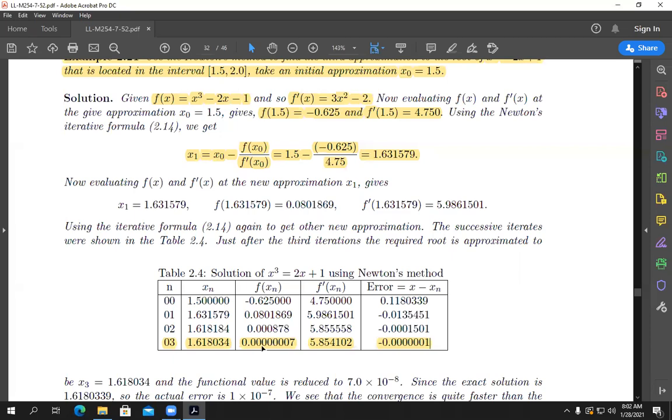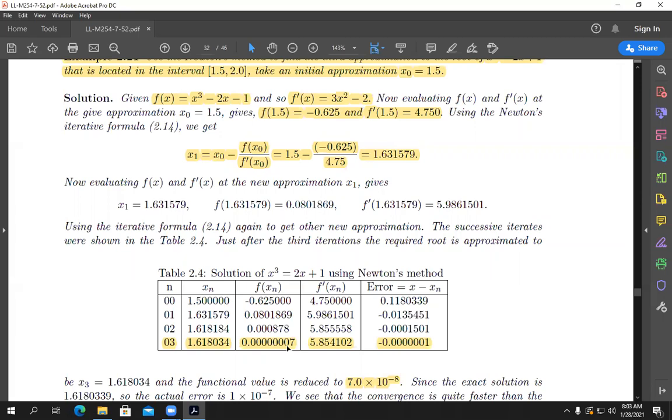It is 0.000, a very small number. And the absolute error is of 10 minus 7 accuracy. You can see how good this is. The function value is 10 minus 8, which is a very small number, close to 0.